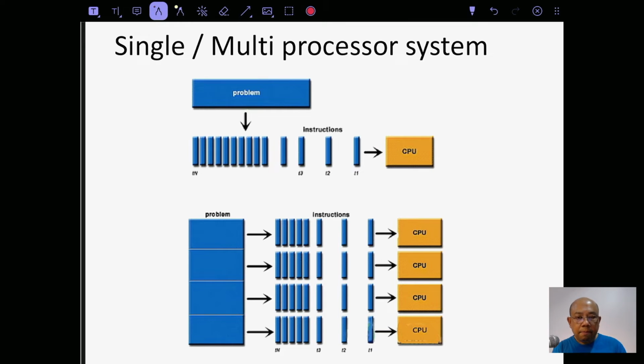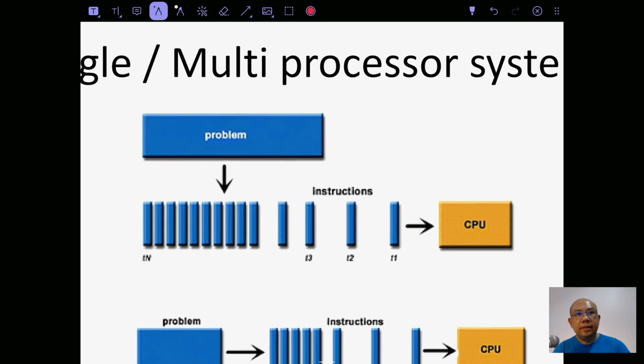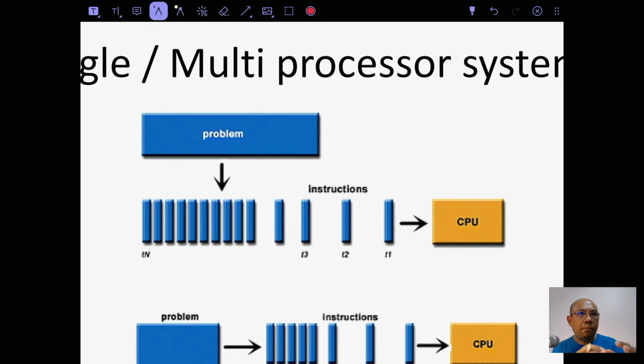The first topic that I told you about is the single and multiprocessor system. Here, the main point of a single processor is, if you have a problem, it splits it into small pieces of work and sends each piece to be processed on the CPU.